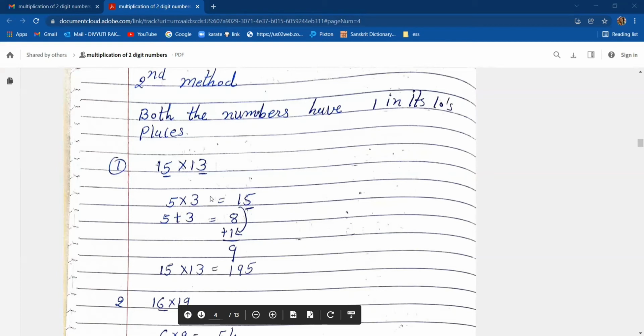Whatever the unit digit of the product is, we consider it as the unit digit of the answer, and by adding these two digits, the unit digit of whatever answer we get we consider as the tens digit of the whole product. Then simply you have to put this 1 from the first number here when your sum is a single digit number.